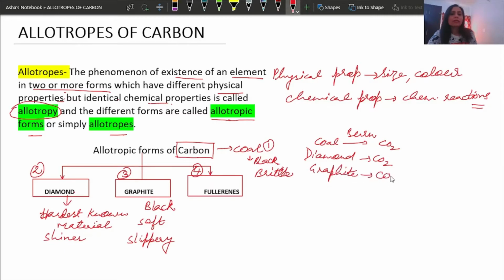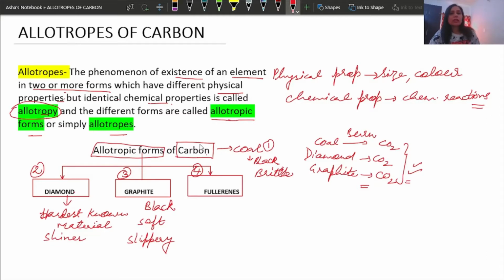So, chemically, they are the same. So, in this way, we can say carbon occurs in more than two forms which are physically very different from each other, but chemically they are all the same. So, they are all called allotropic forms of carbon, and this property of carbon is called allotropy.